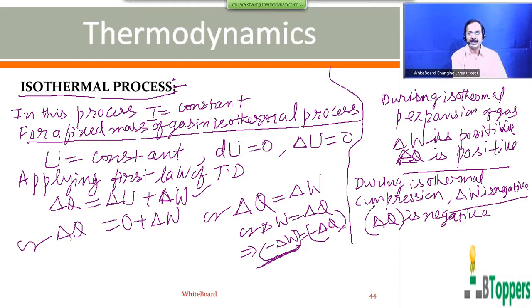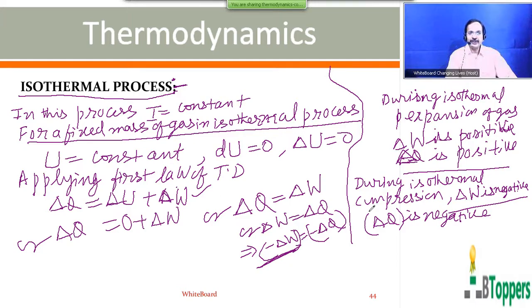For example, if the gas is expanded slowly in a long time interval, suppose 100 joules of work is done by the gas during the expansion. The expansion can be called isothermal if exactly 100 joules of heat energy flows into the gas from surroundings. And that can be achieved in practice, I mean approximately, if the expansion is carried out very, very slowly.